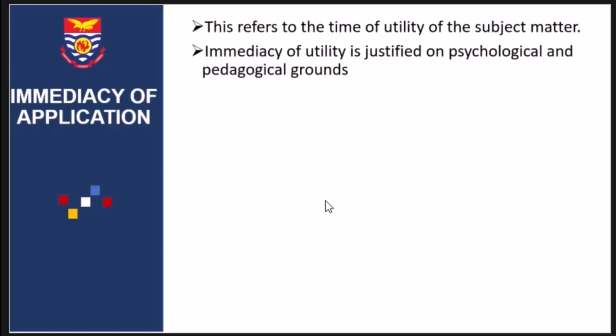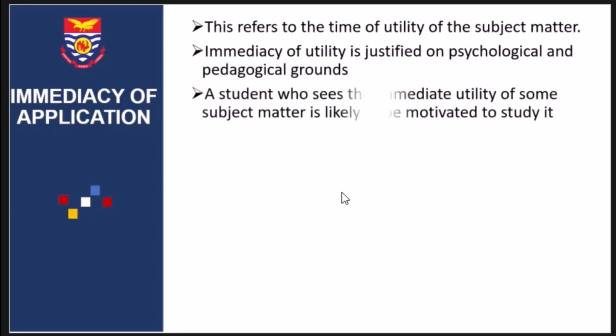And it's also justified on psychological and pedagogical grounds, because this can be related to prerequisite knowledge. If the knowledge of P is needed for the knowledge of Q, then P must be taught first, and the students will have interest in that.